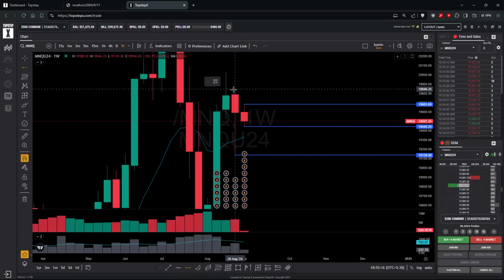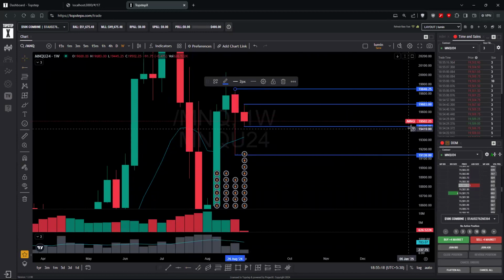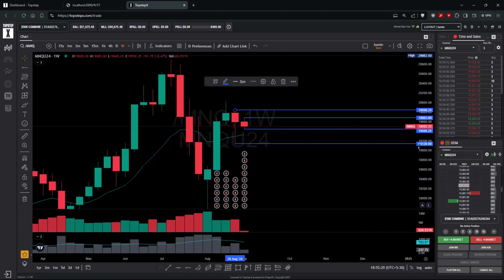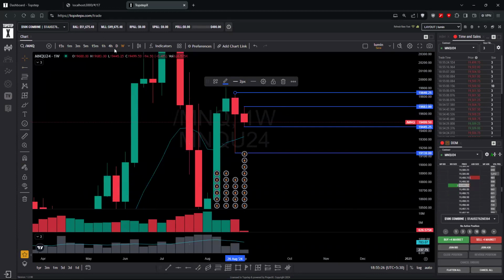As far as weekly levels are concerned, on an intraday basis these are enough for me, because the market is very rarely going to move past these levels.